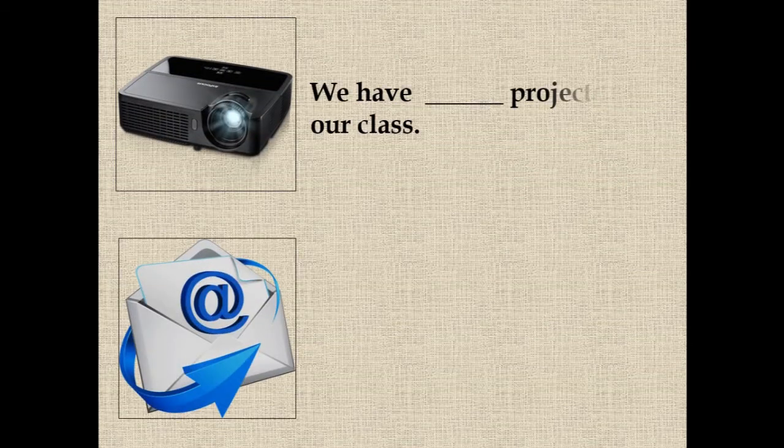But remember, we have a projector in our class. So now we have found P. It is not a vowel, so we have to use a. And then he sent me an email, and we have found E. This is a vowel.